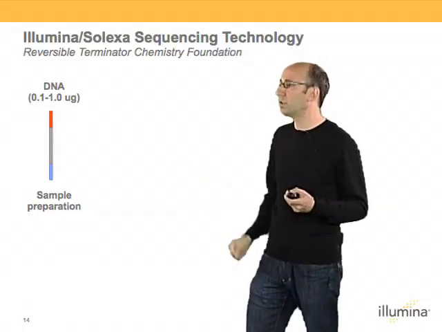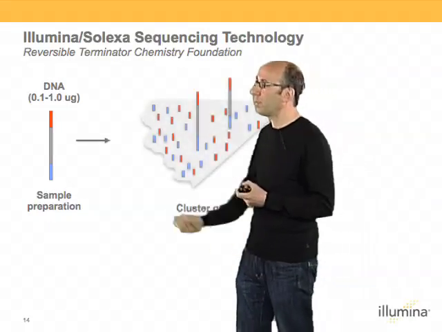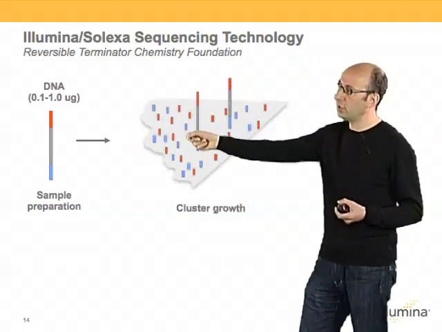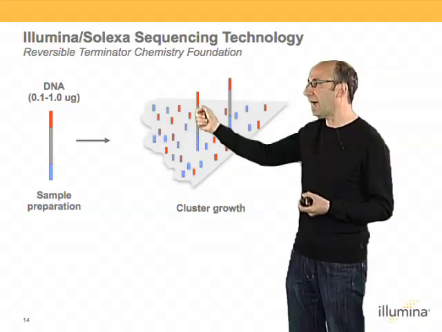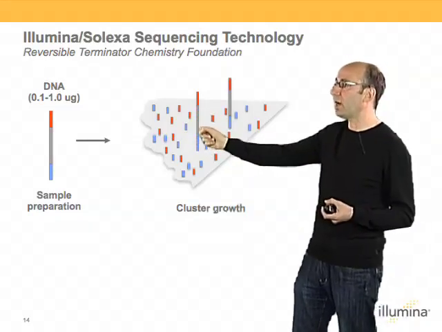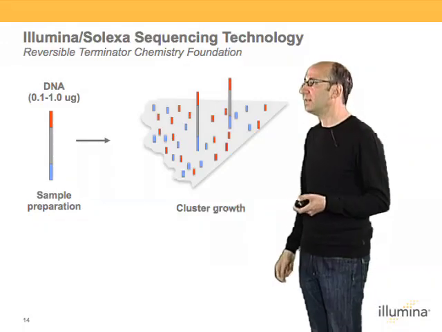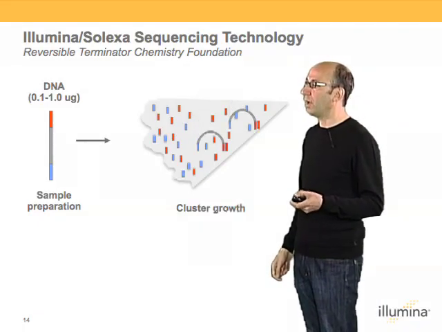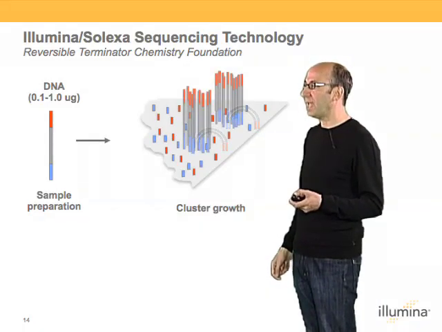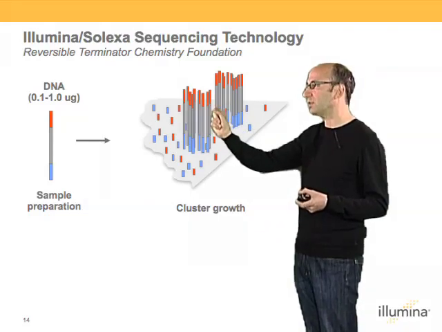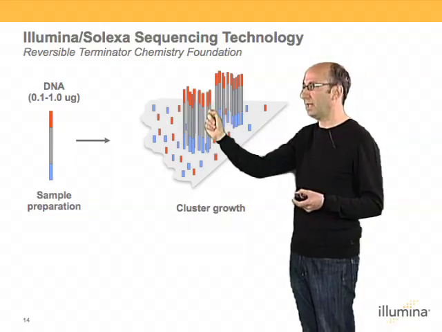And these primers would be meant to match primers that were physically associated with the slide, allowing the DNA to hybridize onto this slide. This then allowed a localized amplification, generating a cluster of identical DNA molecules.